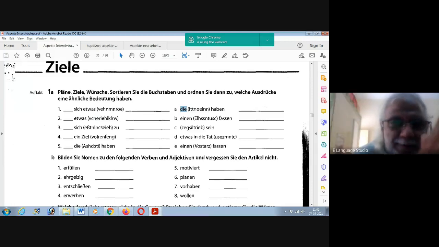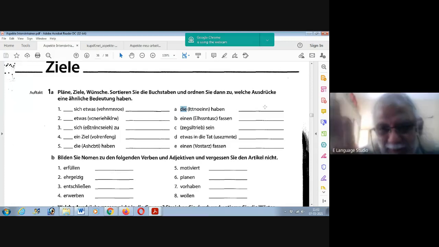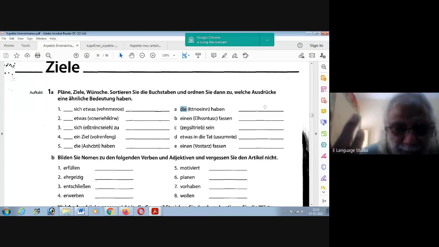When you see an S, C, and H as alphabets in a word, put them together. Entschluss. Super. So, einen Entschluss fassen.